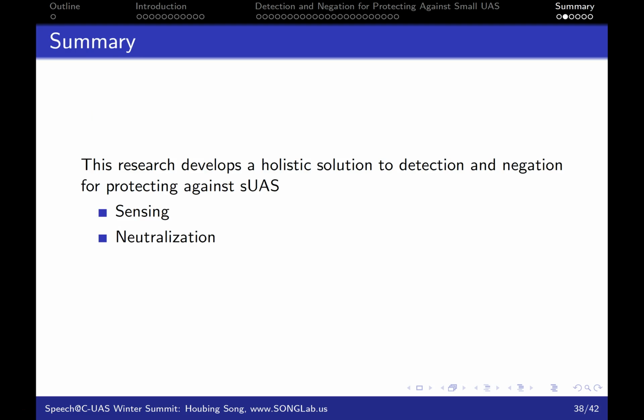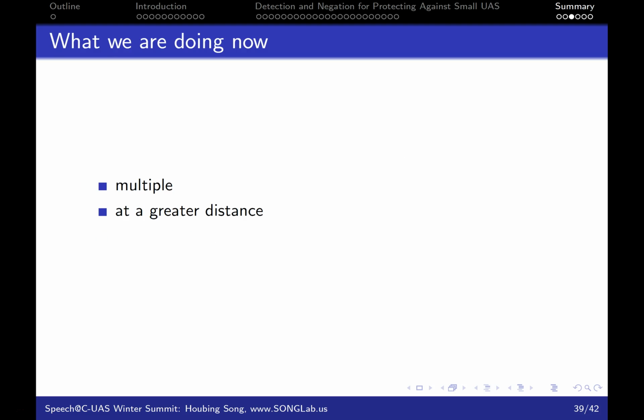So, to summarize our Counter-UAS research, we developed a holistic solution for detection and neutralization to protect against small UAS. There are two subsystems: one is sensing, the other is neutralization. What are we doing now?